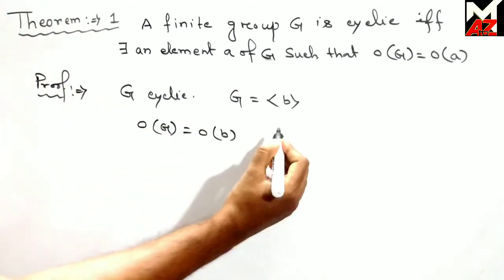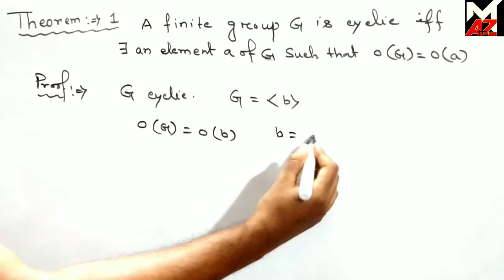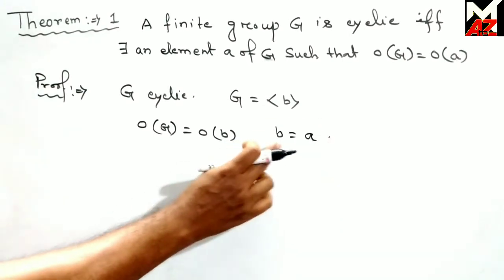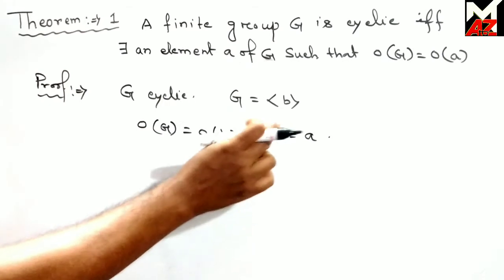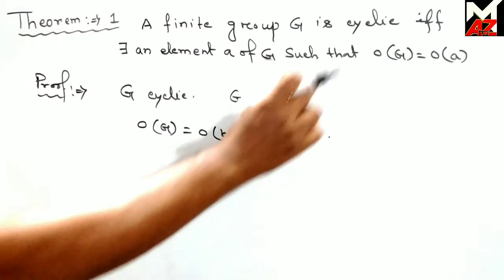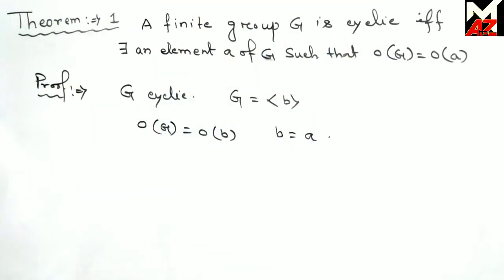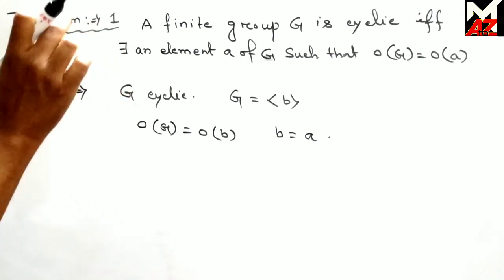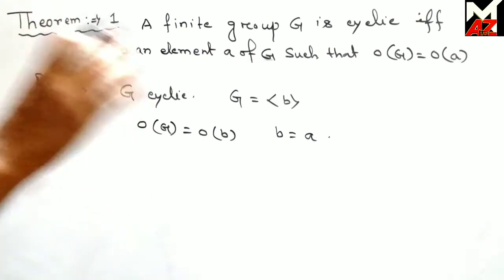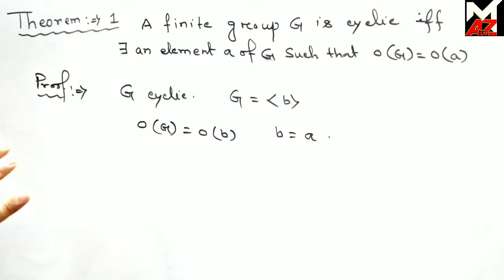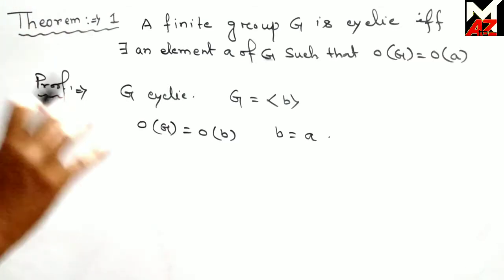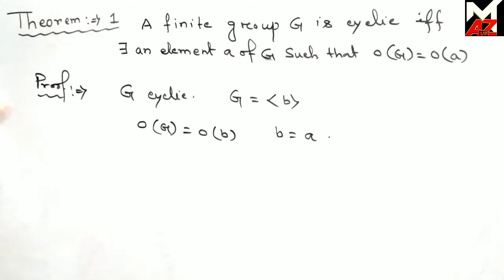Okay, so here B is equal to A. So we get an element A, which is B here, such that order of G is equal to order of A. This is the first part. If we take G is cyclic, then we easily show there exists an element of G whose order is the same as the order of the group.